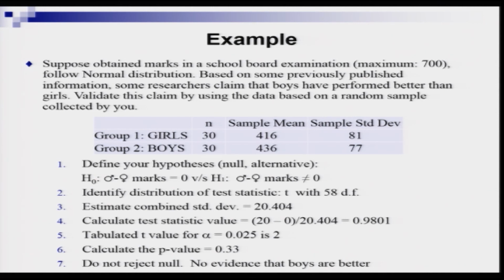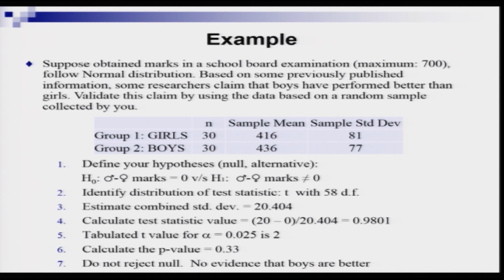Now, here I am going to show you a step by step story of how one can conduct a hypothesis test to compare the means. So, first you have to define your hypotheses, null and alternative both. You start with the null hypothesis where you assume that there is no difference between the mean of the girls population and the boys population when it comes to the total obtained marks.